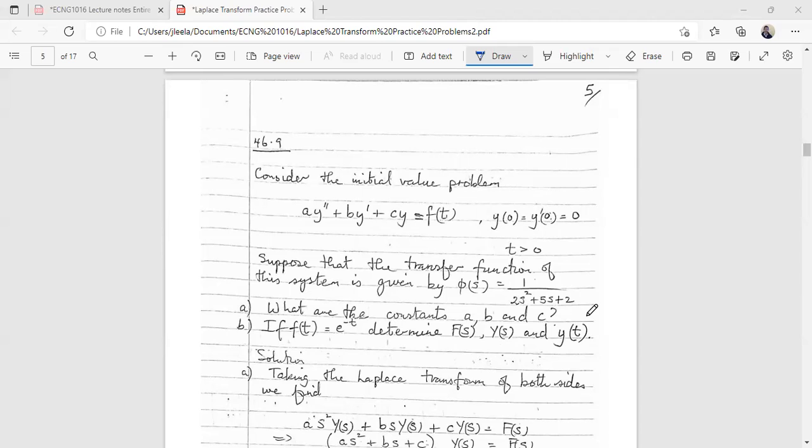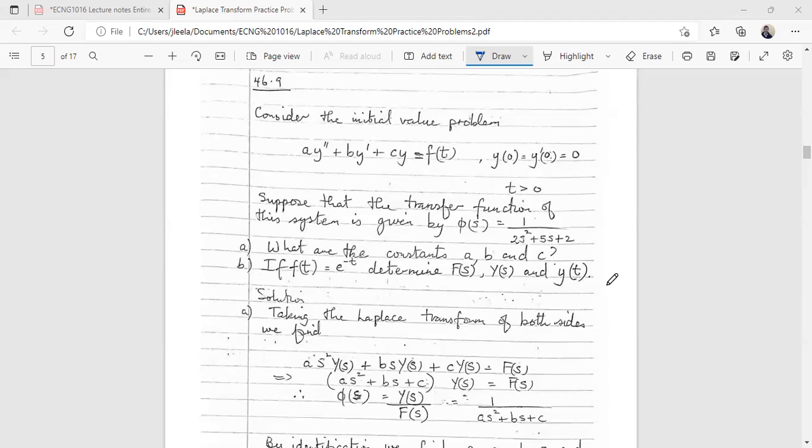Suppose that the transfer function of this system is given by phi(s) equal to 1 over 2s squared plus 5s plus 2. What are the constants a, b, and c? If f(t) is e to the t, you determine F(s), Y(s) and y(t).